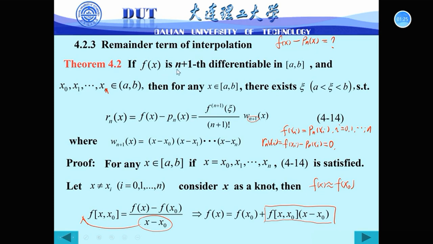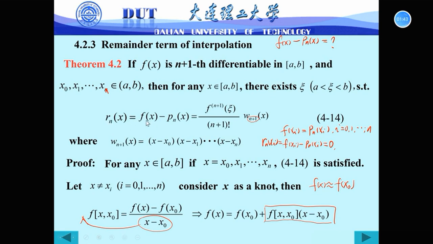If f(x) is n plus 1 times differentiable in [a, b], and we choose the nodes x0 to xn also inside the interval, then we can obtain the error term.